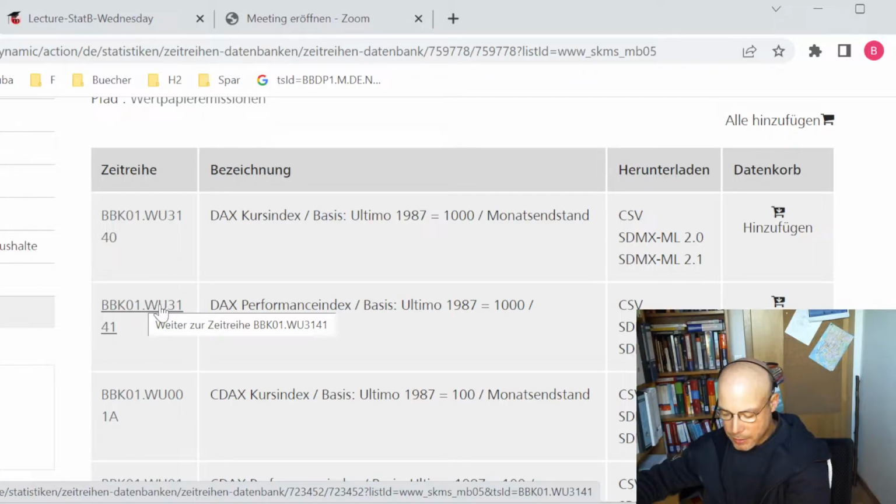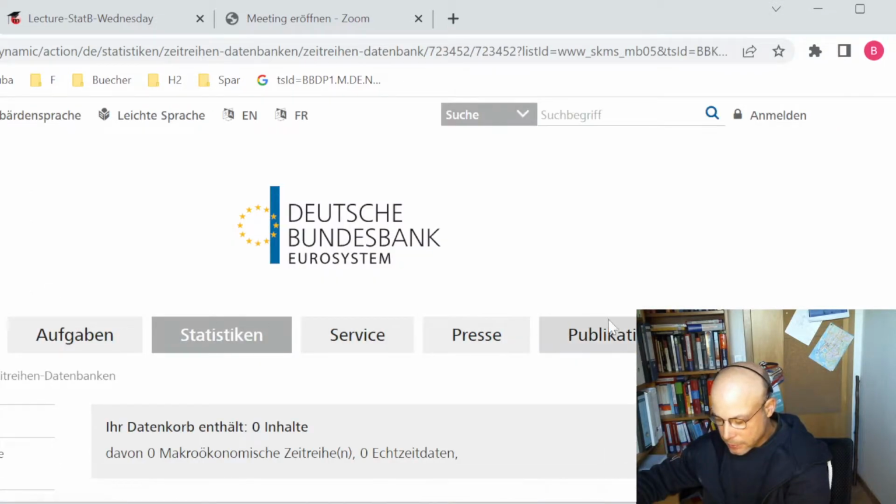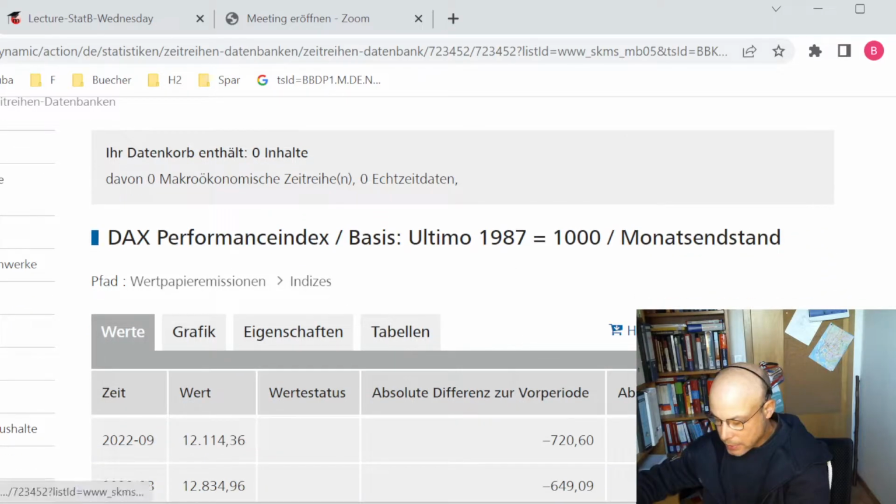This is in difference to the numbers you see, for example, for the Dow Jones index in New York, because this is the course index and therefore they are not directly comparable. Okay, so we will download the data.